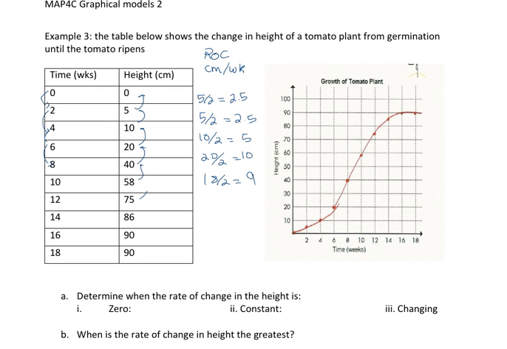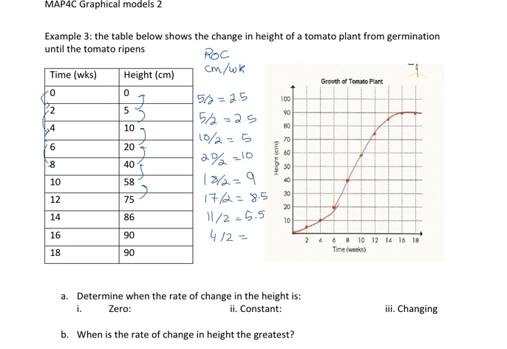So that is 17 over 2, which is 8.5. Then I have 86 minus 75, so that's 11 over 2, which is 5.5. 90 minus 86, so that's 4 over 2, which is 2.